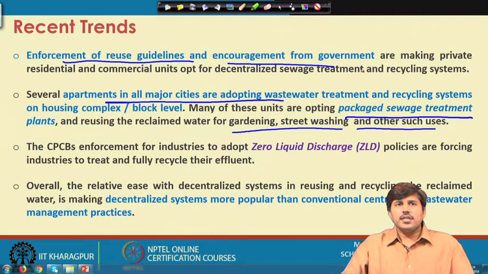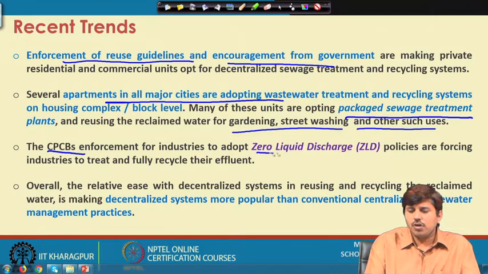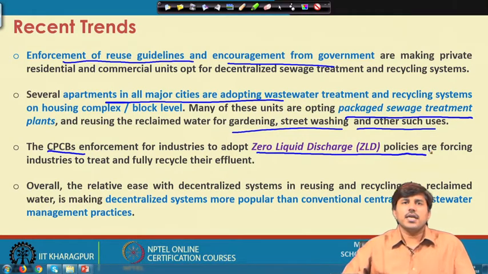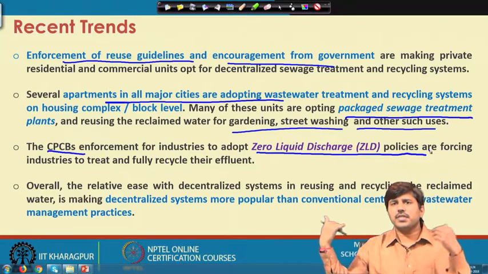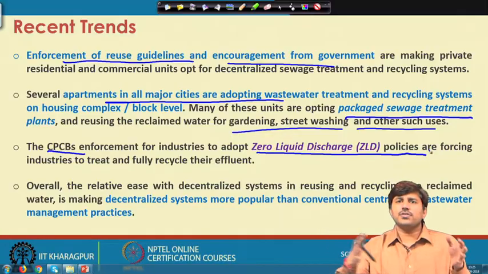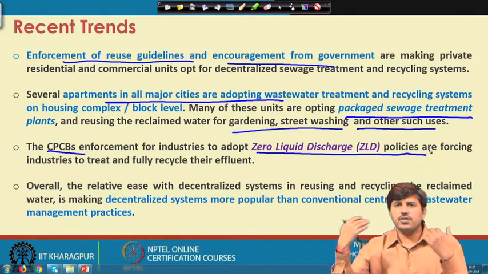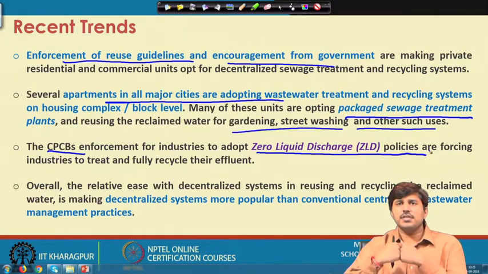In the industrial sector, the Central Pollution Control Board is enforcing industries to adopt zero liquid discharge policies, forcing industries to treat and fully recycle their effluent. So, the concept of CETPs, combined effluent treatment plants, where industries put their different effluents into a single treatment unit which treats and then disposes of it, is being discouraged these days.